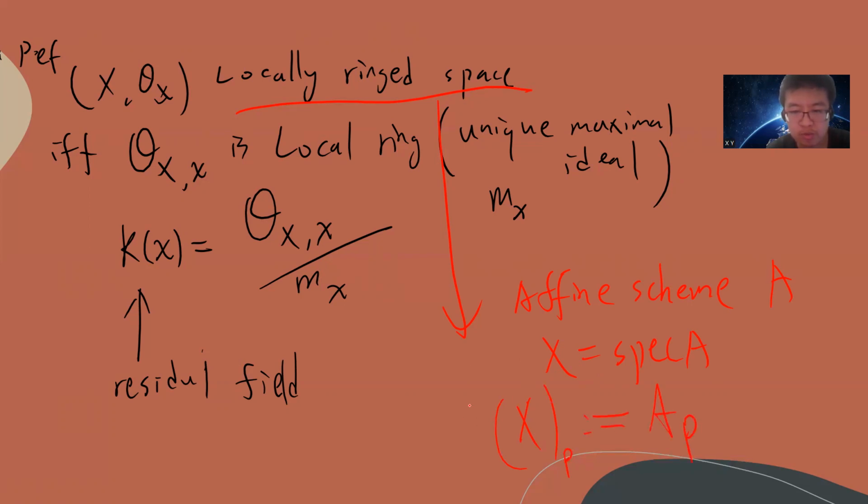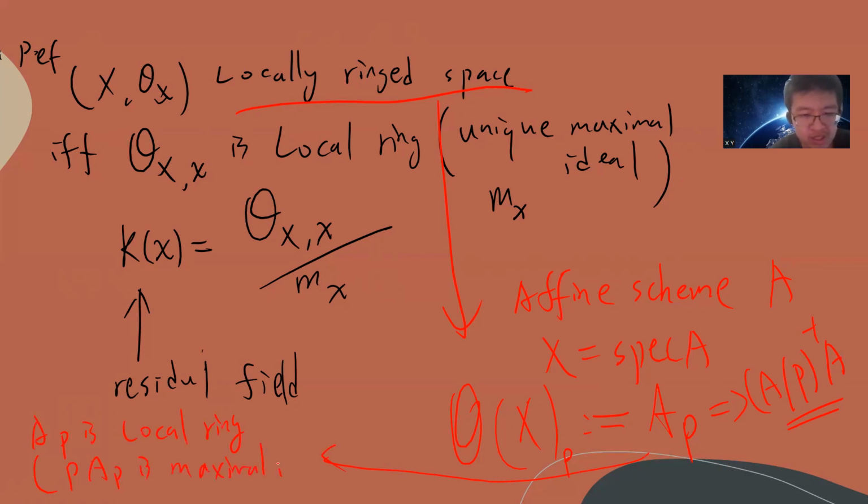This is a sheaf. A_P is just (A minus P) inverse times A, the localization of the ring. In the previous video, I think I proved that A_P is a local ring. You can prove that P A_P is the maximal ideal. This is not difficult.